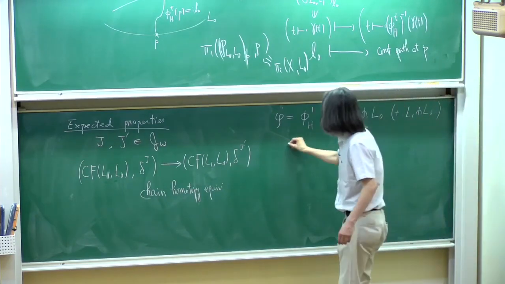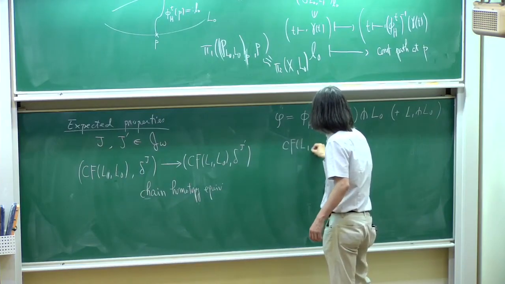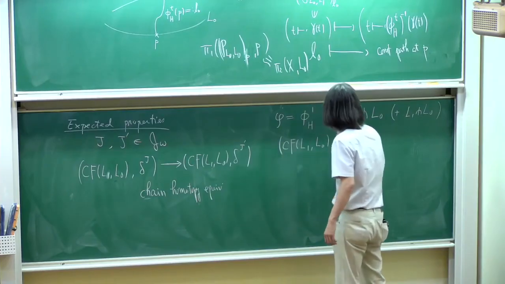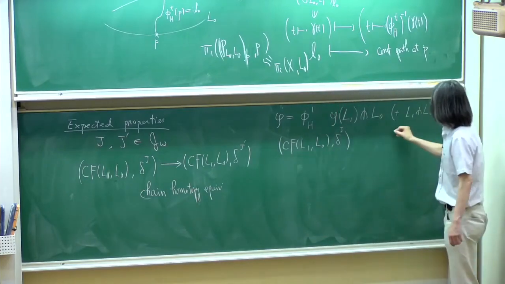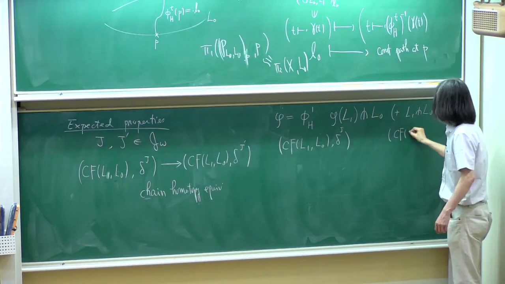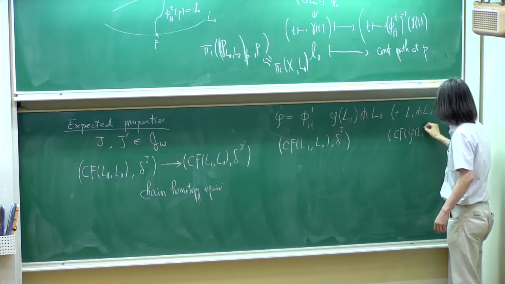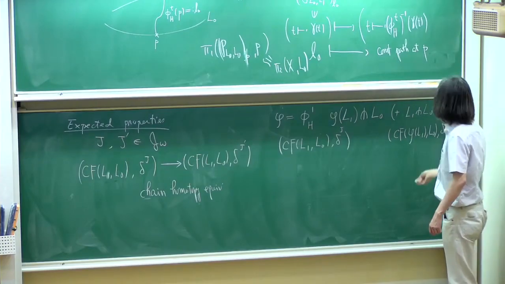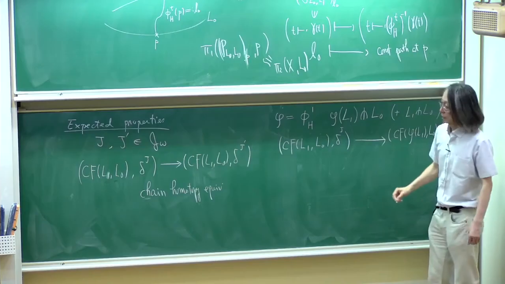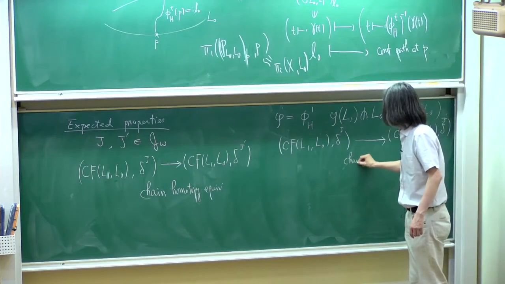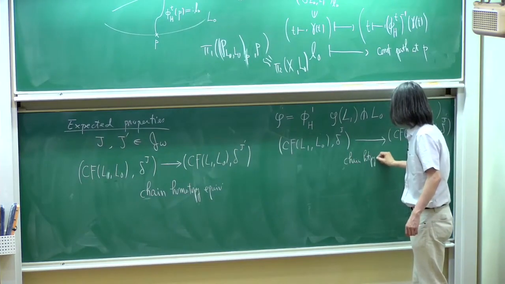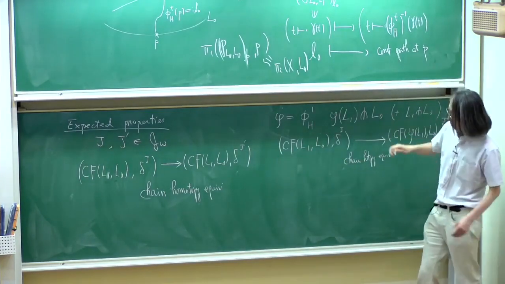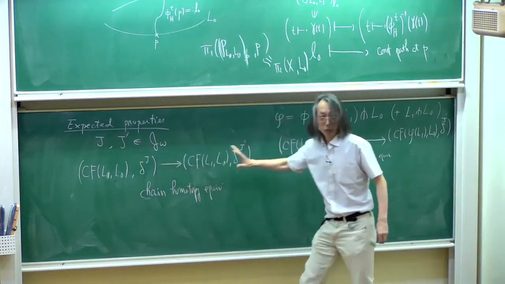And then we can define CF(L1, L0), delta_J, and here I have CF(phi(L1), L0) with delta_J prime. And then here, again, I have a chain homotopy equivalence. So this is actually a special case of this, so I don't really need to discuss this separately.